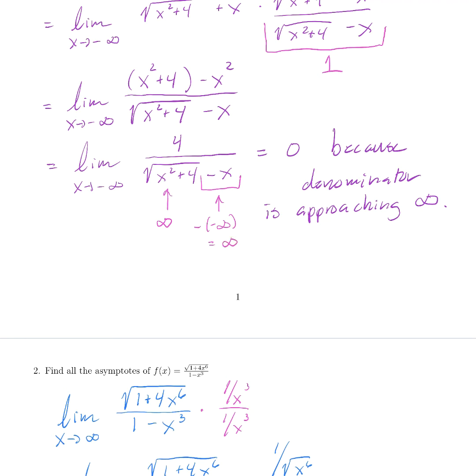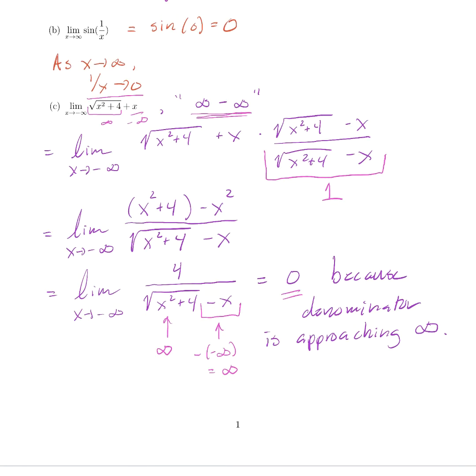So this denominator is approaching infinity. So we have 4 over something getting really big, which is going to approach 0. So it turns out in this case, infinity minus infinity is 0, but don't rely on that. It's not a truth all the time.